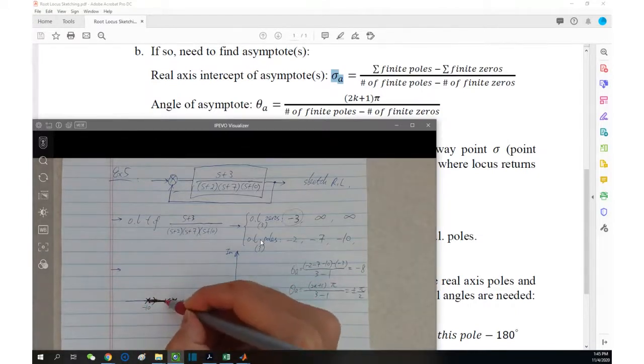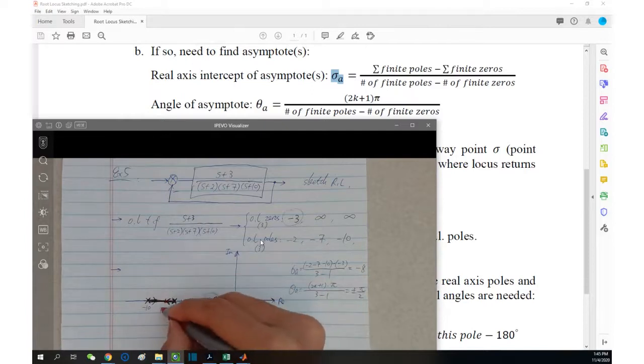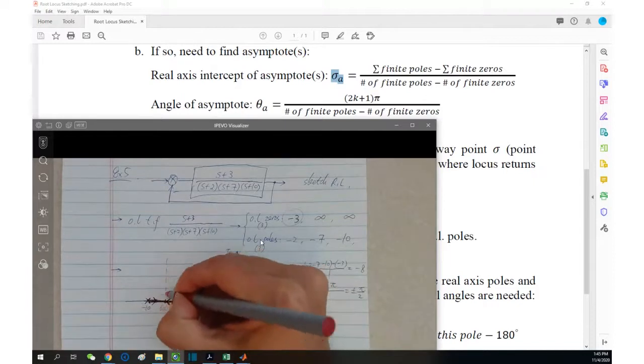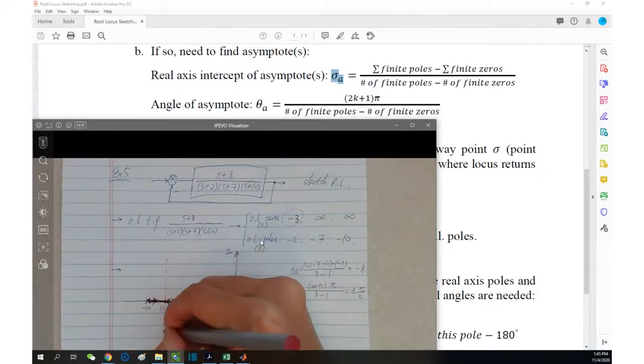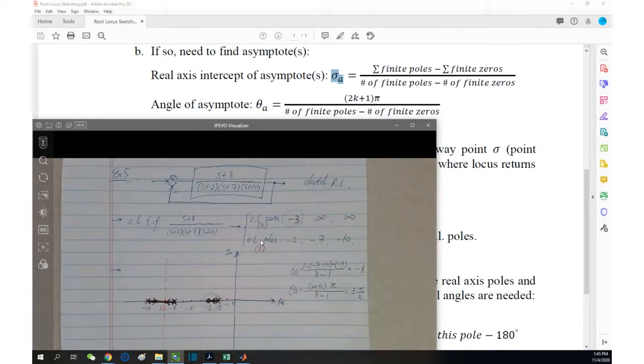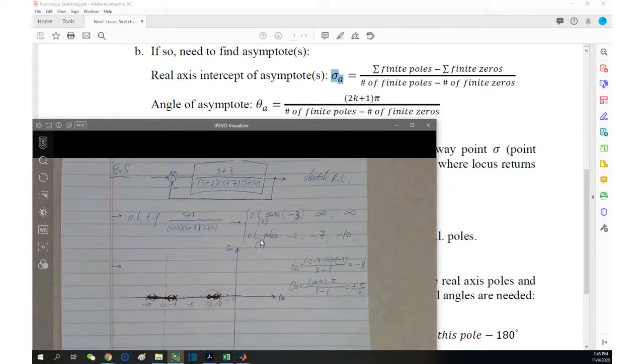This is the intersection point, sigma A. All right, and the asymptote at positive and negative pi/2 is a straight vertical line, right? So this is our asymptote. The asymptote.